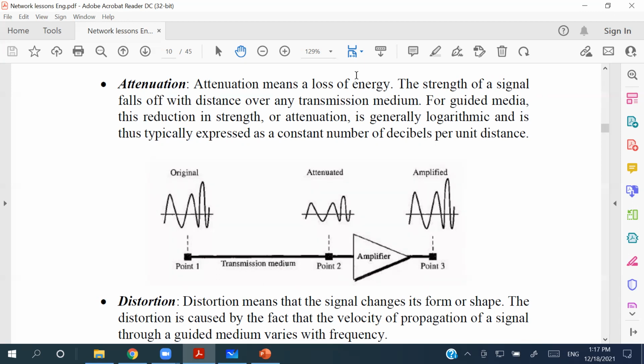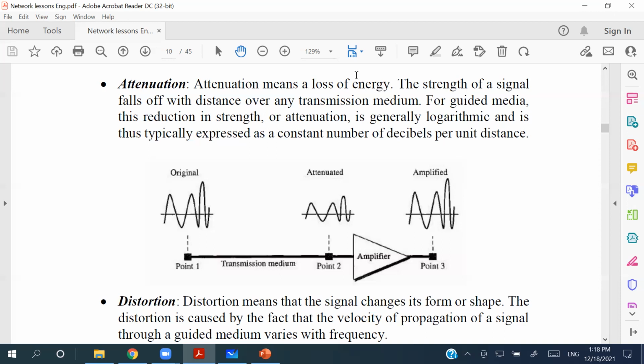To avoid this, we use a particular device called a repeater, or amplifiers, which help to amplify the signal to its original strength. But there are some problems when amplifying the attenuated signal.